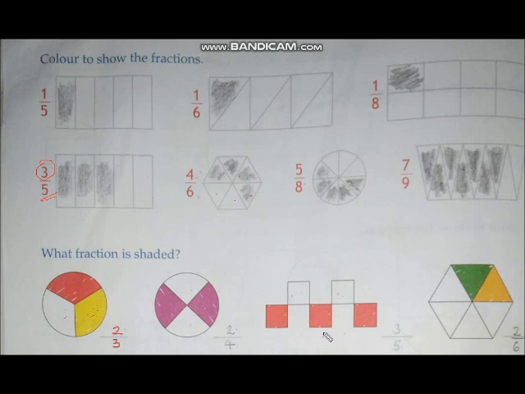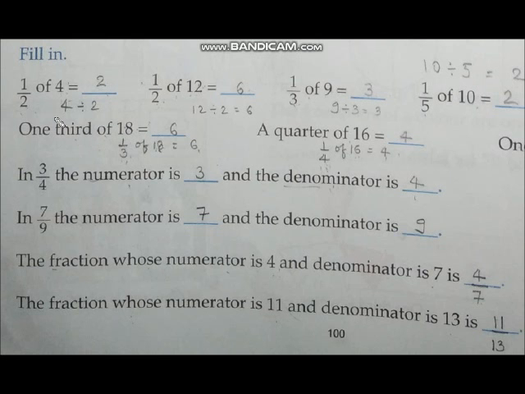For example, in this one, 1, 2, 3, 4, 5 parts are total. So 5 we will write in the denominator, and 1, 2, 3 parts are colored, so 3 we will write in the numerator. Now, if questions are given like this, in which we have to find the fractions of collections, again you will divide the numbers and find the answer.